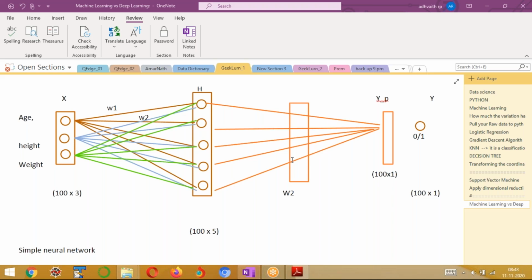This entire process will work with a package called either TensorFlow or Keras. Keras is more updated than TensorFlow.